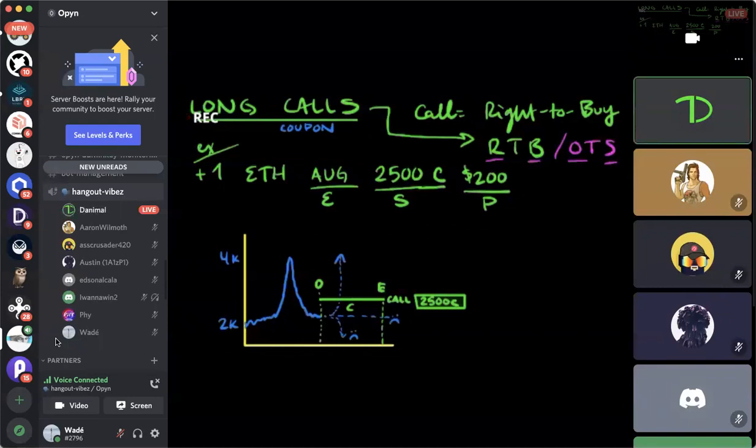So this option itself also has a chart. This is a chart of Ethereum, and then there's also a chart for that long call you had. So this is the 2,500 call.